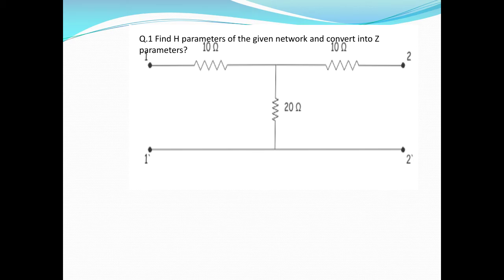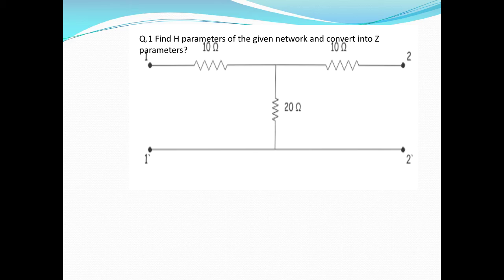So in the given question, find H parameters of the given network and convert into Z parameters. First of all, we find H parameters of the given network. In the given question, there are three branches consisting of resistances of 10 ohm, 10 and 20 ohm.